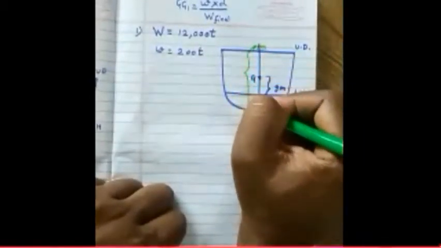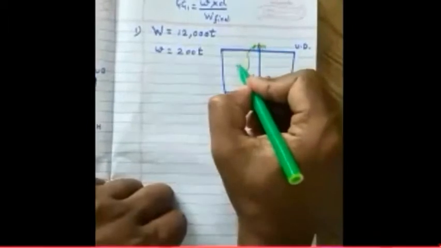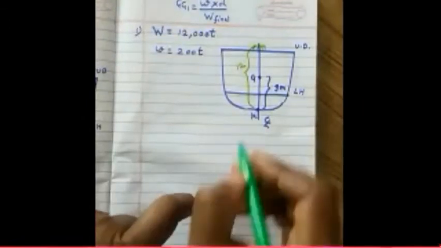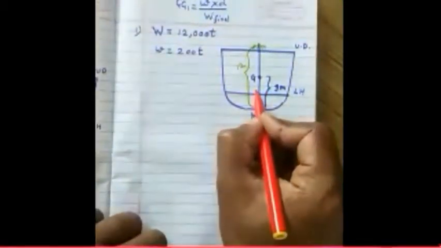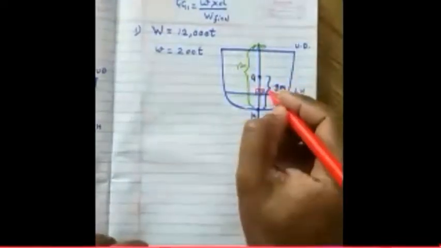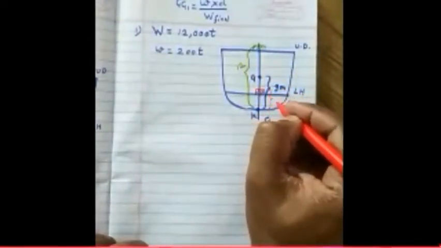So the distance from the keel to the center of gravity, till the deck, is 12 meter. Green color is what I have shown. Now this cargo is shifted to the lower hold, KG is 2 meter. So I'll show it in the other color. Suppose it is shifted to the lower hold now, this red color. Now it is shifted to the lower hold, and this KG is given as how much? 2 meter. Now you have to find the new KG.